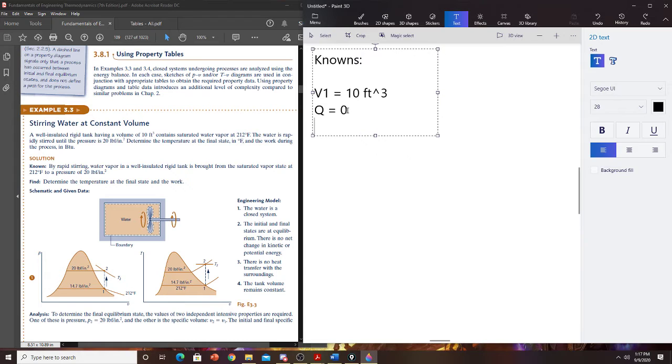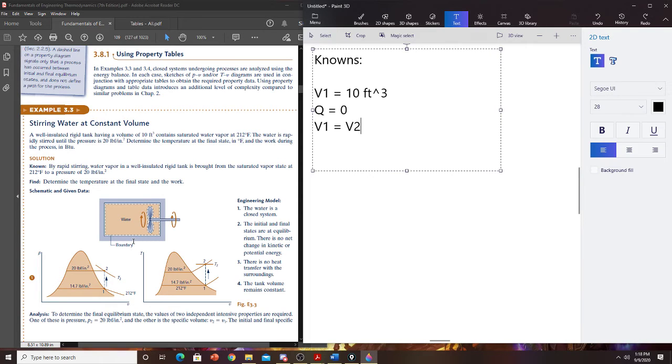Let's try another thing. It says well-insulated rigid tank. What does a rigid tank mean? Volume 1 is equal to volume 2. The reason is that this tank is not changing volume between states.